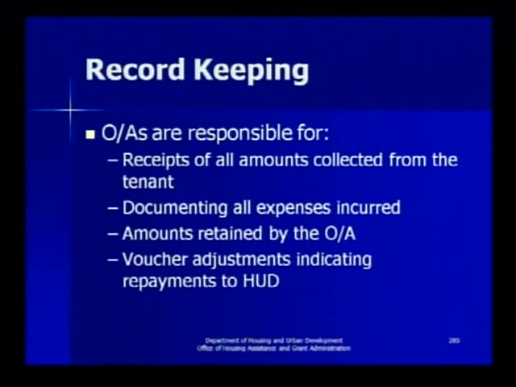The voucher adjustments indicating the repayment from HUD should also be tracked. These need to be kept in order to track any of the monies held by the owner agent from these underpayments of rent and repayment agreements.